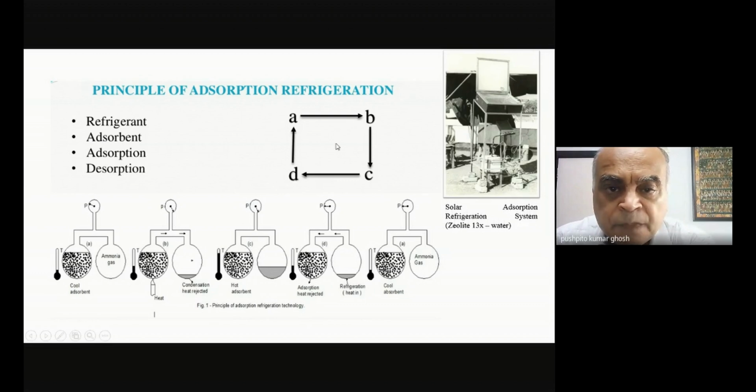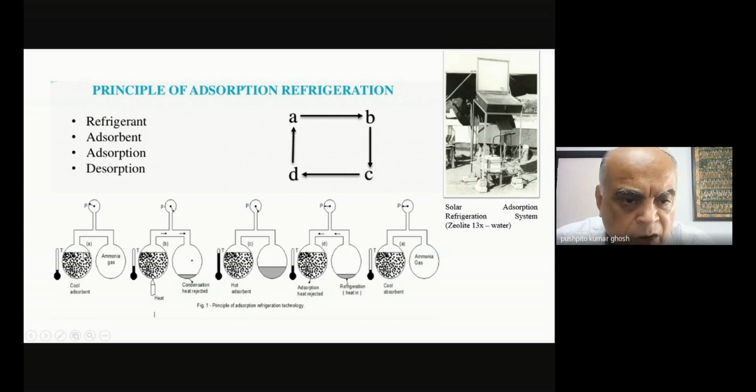So, for example, let's say this is the point A. What are you doing over here? Let's say the temperature is quite low, and my adsorbent is initially quite cool.